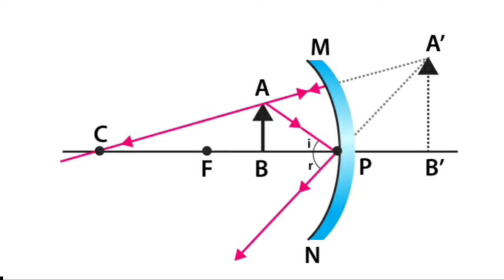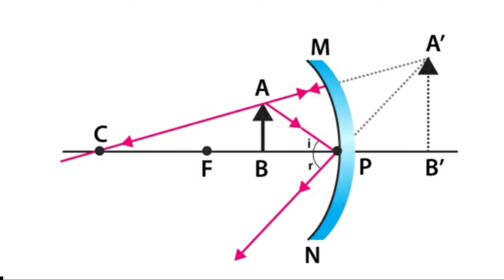Now when we put the object between focus and the pole, it is a little bit different because now it is a virtual image. Okay. Now look at the first ray, 1 and 2. Here the first ray is directly incident on the pole and reflecting back, making angle i, the incident angle, and r, the reflecting angle, with the principal axis.